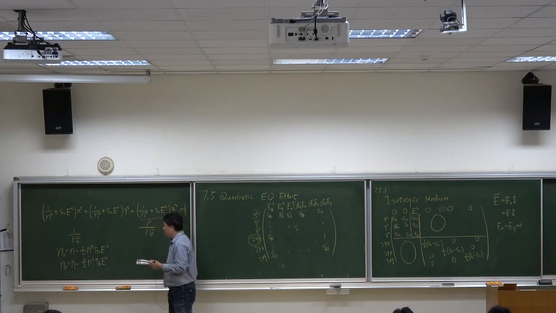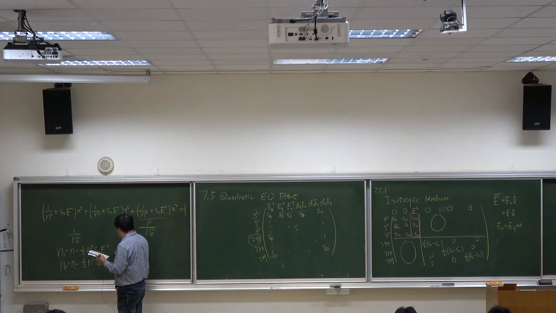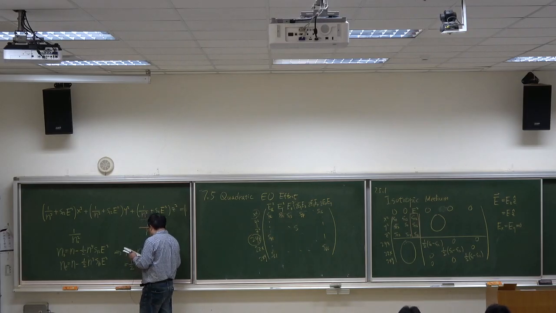So now this isotropic medium becomes a uniaxial crystal whose difference between ne and no is given as 1/2 n cubed times S12 minus S11 times E squared.